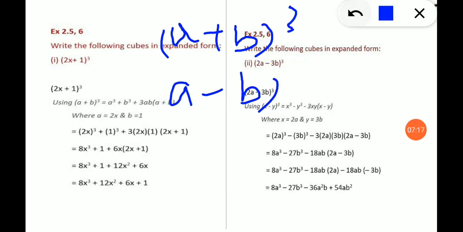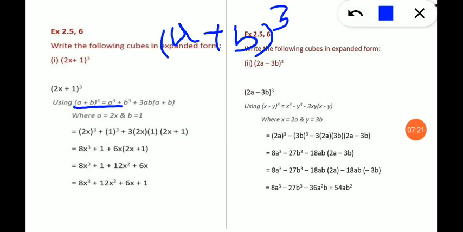So we will apply the first formula, a plus b whole cube, which is equal to a cube plus b cube plus 3ab into a plus b. So a is 2x and b is equal to 1. We will substitute 2x cube plus 1 cube plus 3 into 2x into 1 multiplied by 2x plus 1.